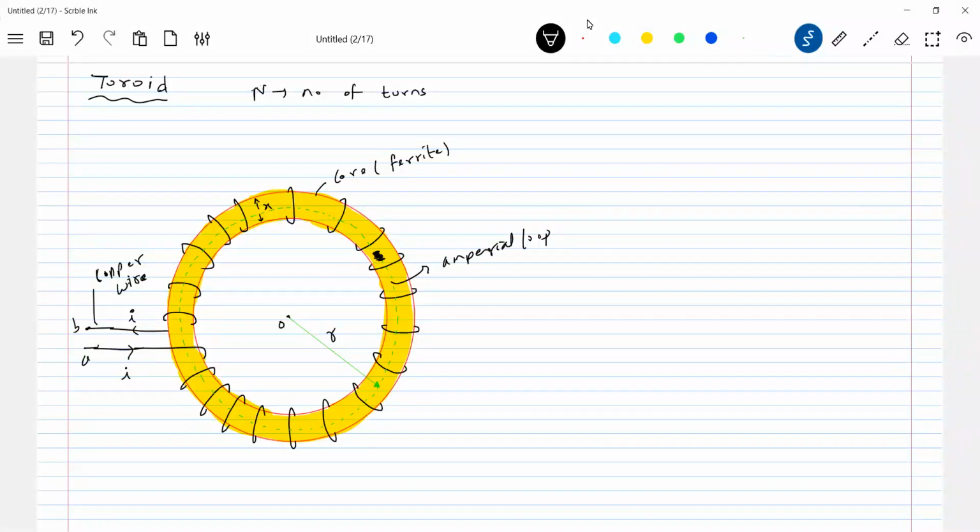If you look at the current everywhere, here I'll show the direction of current. The current should be like this, I. So B bar should be somewhere like this. Show current I and the B bar at two or three places. It will be easy for you. The B bar will be tangential to the Amperian loop.